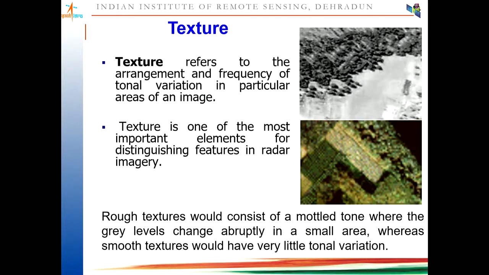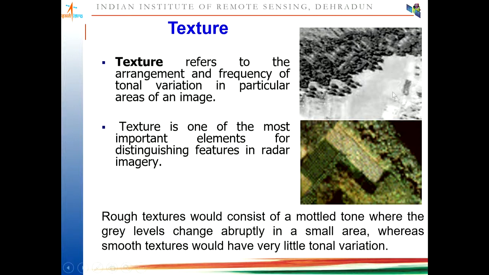Now, the next feature and a very important element is texture. This refers to the arrangement and frequency of tonal variation in a particular area of the image, which means I need to see and analyze how frequently tone is changing in the image.